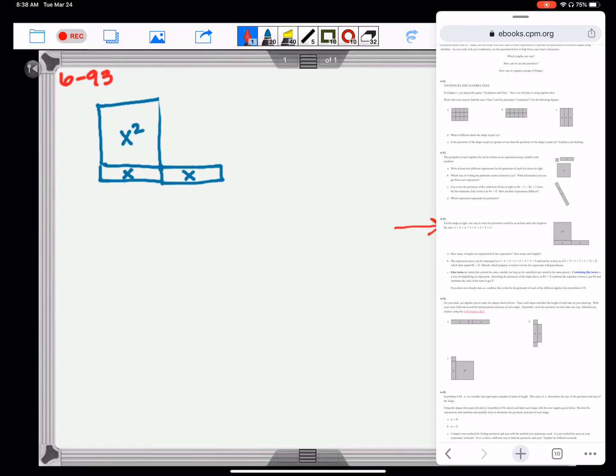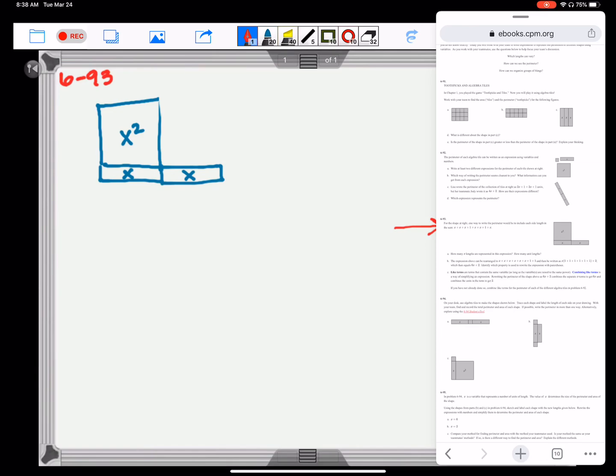This one is asking to write the perimeter for the shape, include each side length in your sum, and they want you to look at how many x's are represented and how many unit lengths are represented in our perimeter. So if this is our shape, we're going to go around and mark up what each side length is.